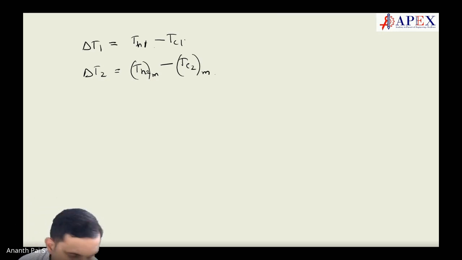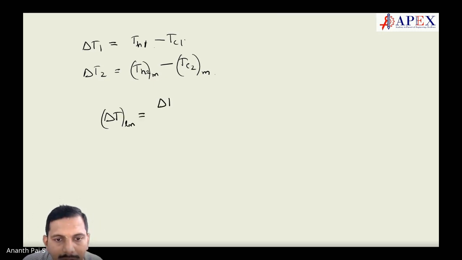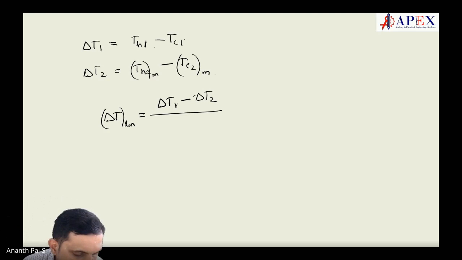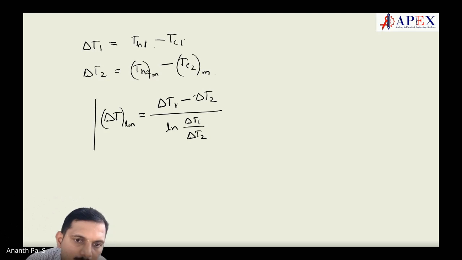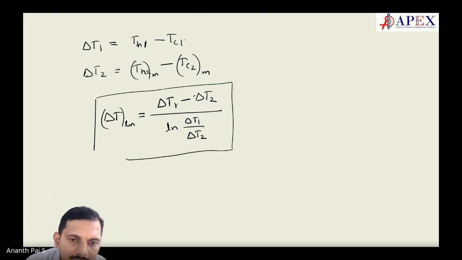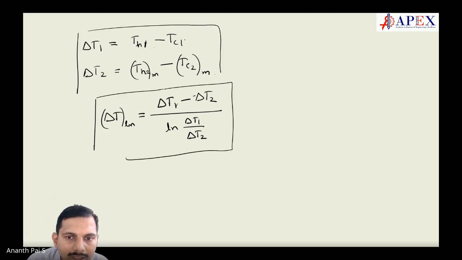And we will write delta T log mean, which is actually equal to the same equation: delta T1 minus delta T2 divided by log of delta T1 divided by delta T2. Only thing is that to calculate the other things we have to take the mean.